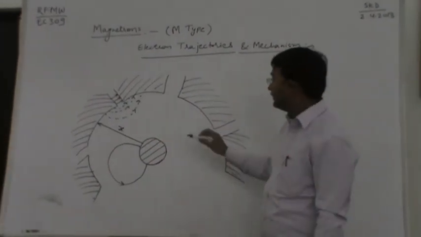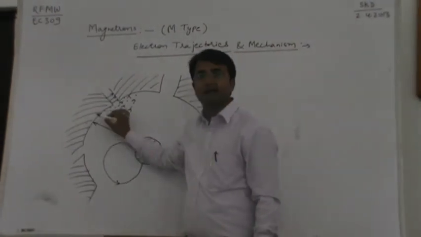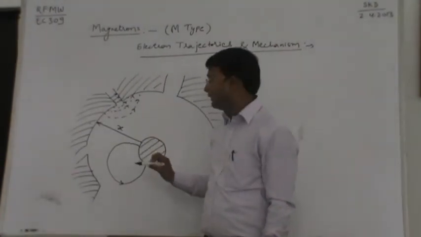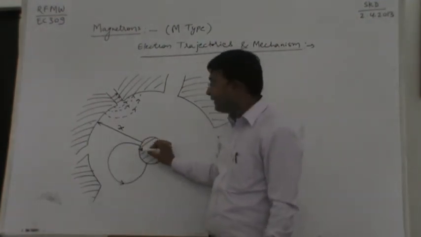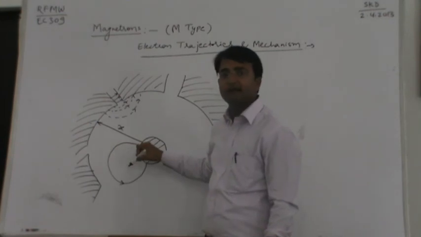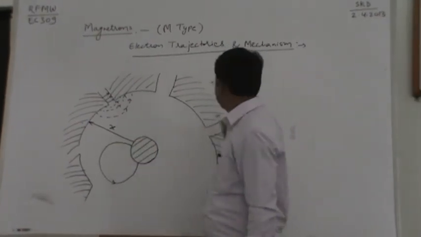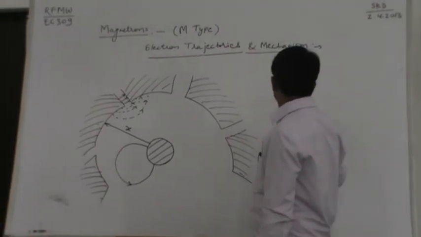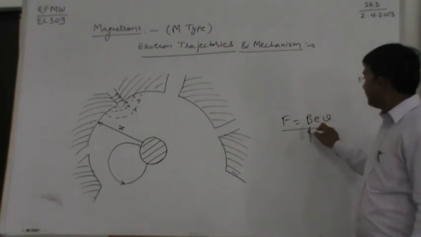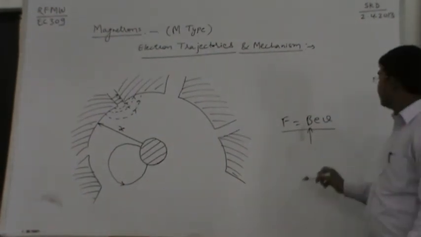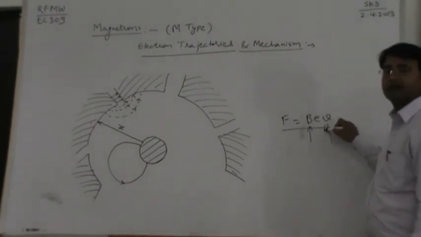We already know that if an electric field is applied and no magnetic field is applied, the electron will reach the anode directly in a straight line. If a higher magnetic field is applied, it exerts a force that depends on the flux density, the electron charge, and the velocity.